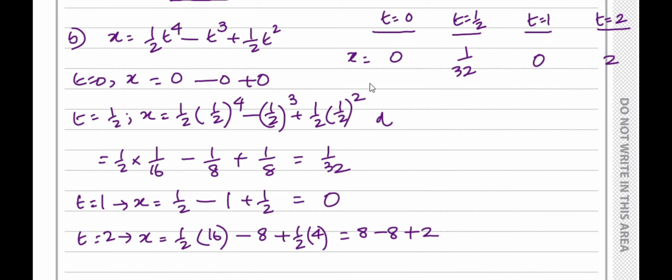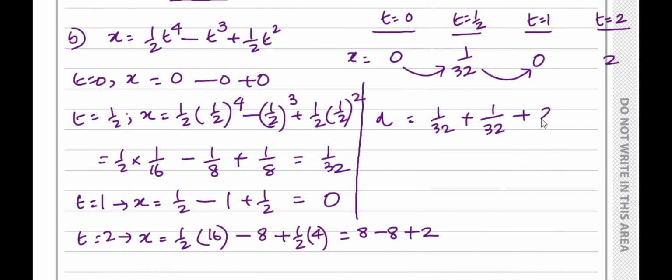Distance is equal to the distance moved from 0 to half, which is 1 over 32, and then plus 1 over 32 to become 0. Again, distance is a scalar quantity, 1 over 32, and then plus this is 2.